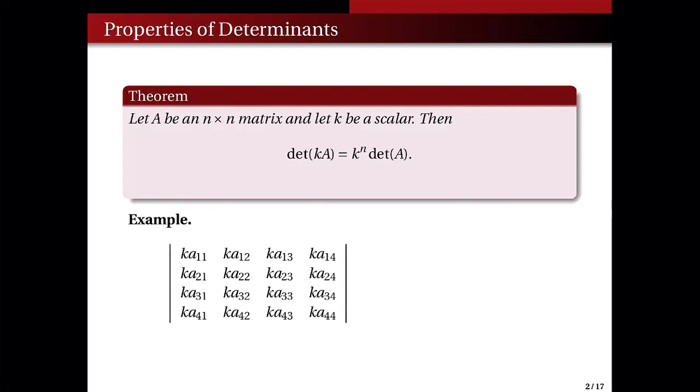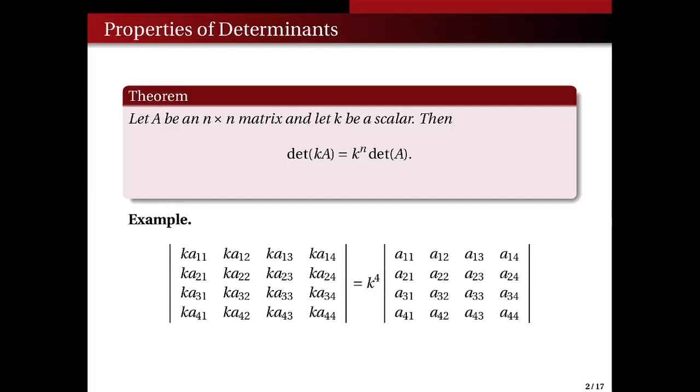So this is a 4 by 4 matrix. And using this theorem, the determinant will just be K to the 4 times the determinant of this matrix without those K's. Okay, and this theorem follows from one of the theorems that we discussed before.